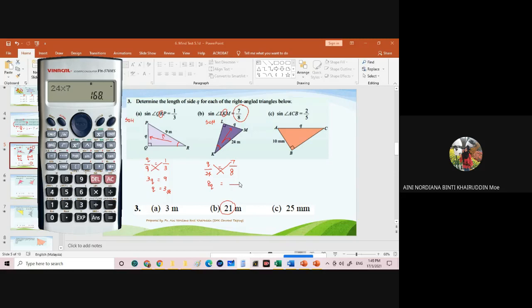Then 168 you divide by 8 because we want to calculate the value of Q. So divide by 8. You get 21. Okay? Okay, teacher.